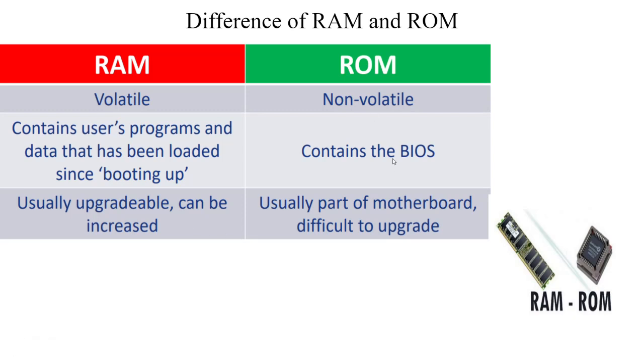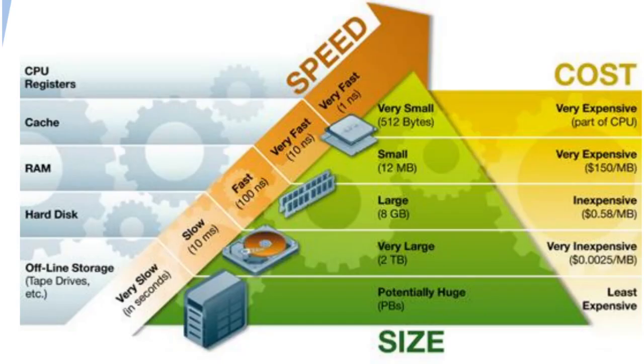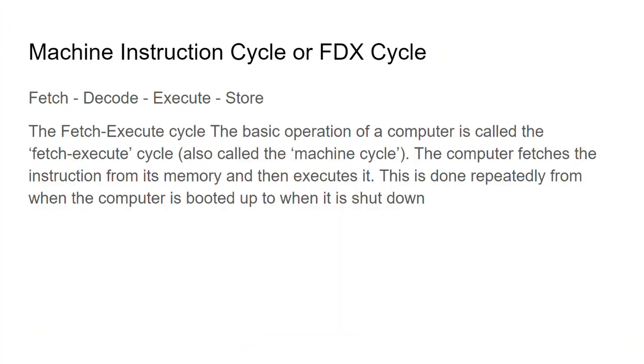RAM is these chips over here, so you can put in more of them. RAM comes in sizes like 6 GB, 8 GB, 12 GB, 32, 64, 128, 256. We have many options for RAM, but ROM comes pre-installed on the motherboard, so it's pretty difficult to upgrade. That's how questions usually come in the IB: defining terms and giving the difference between each.